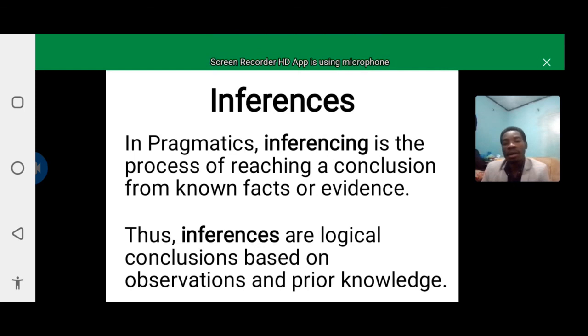So when we speak of inferences, these are the conclusions that we make from the facts that we have known in our life. We can conclude from general to specific, but sometimes from specific to general. So these are inferences.